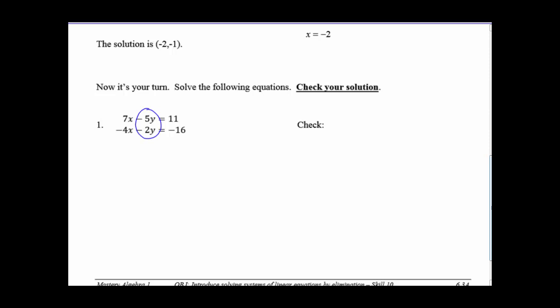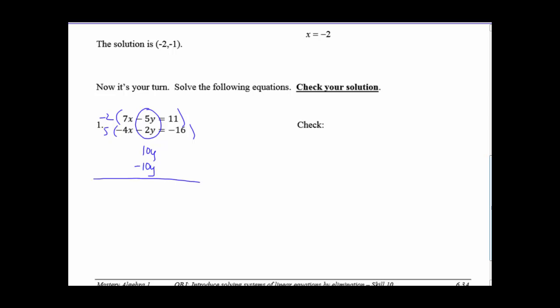We have both negatives, so we're going to have to multiply a negative to one of the equations to make it positive. In other words, let's make the top equation 10y and keep the bottom equation negative 10y. In order to do positive 10y, we're going to have to multiply the top equation by negative 2. In order to keep the bottom as a negative 10, we just have to multiply it by positive 5.